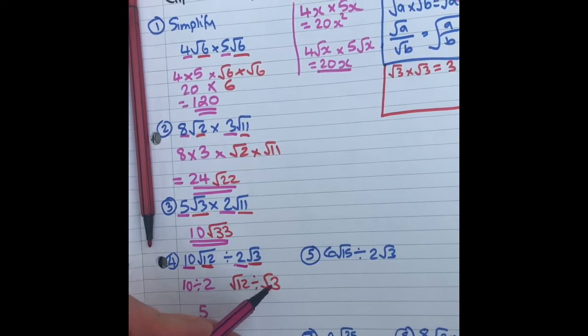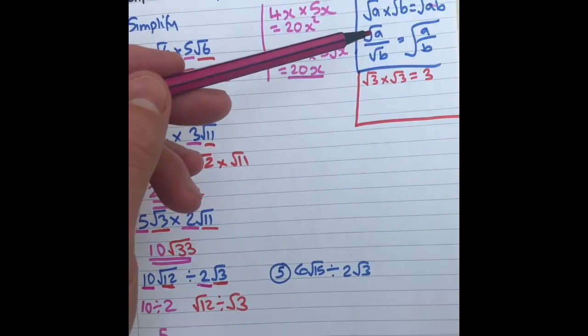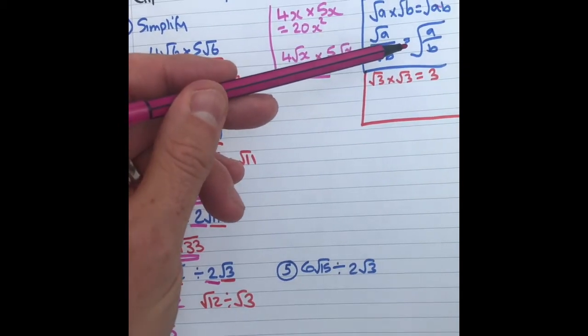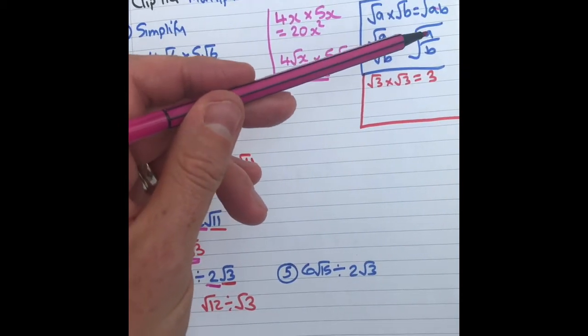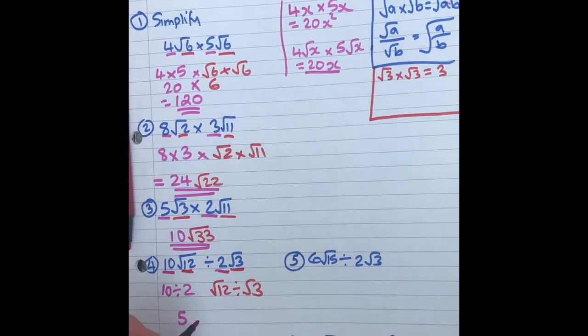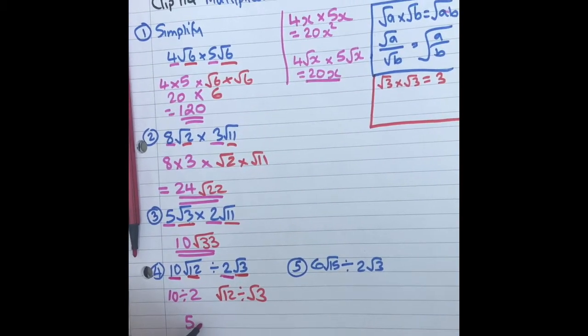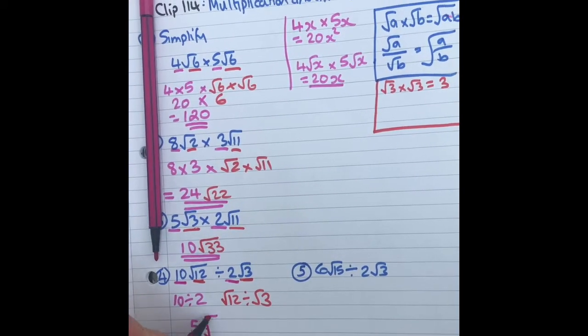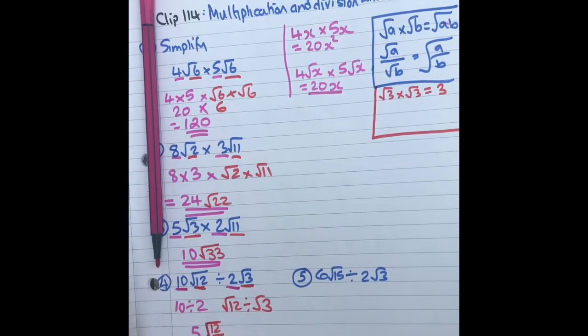And then root 12 divided by root 3, well, we need to go back up to these rules. Root 12 divided by root 3 is equal to the square root of 12 over 3. So that becomes times the square root of 12 over 3. Well, we know what 12 over 3 is.